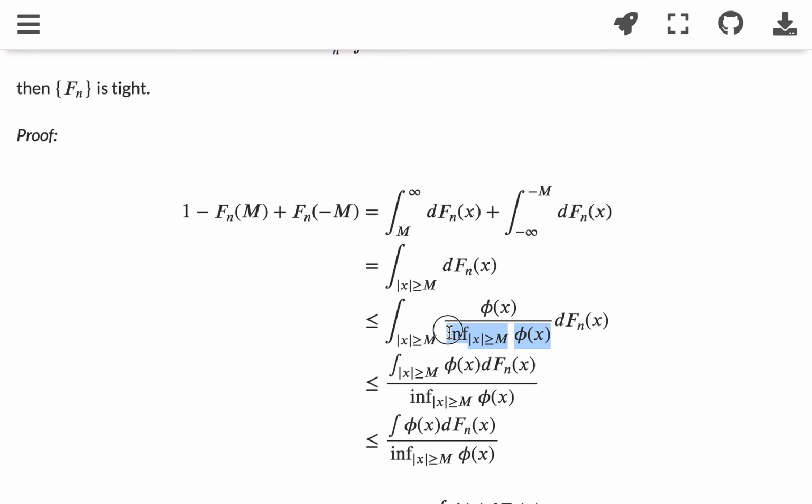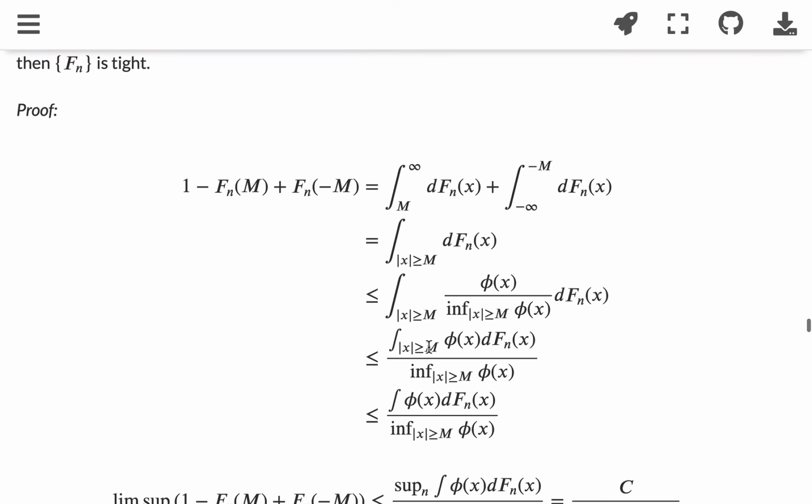So what it tells us is that this division is always greater than or equal to 1. So this integral will always be greater than or equal to this one, because this integral is integrating a function 1, and this is integrating a function that is greater than or equal to 1. So this is how we get this inequality.